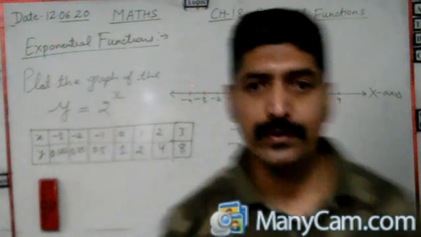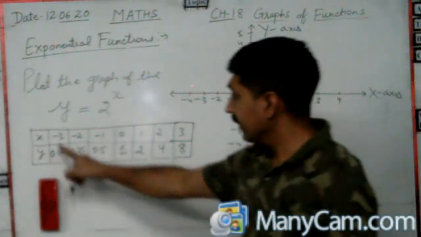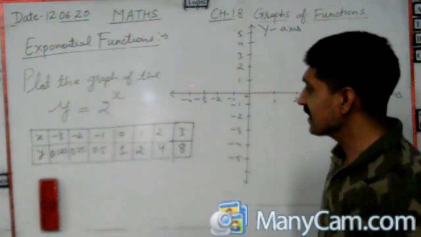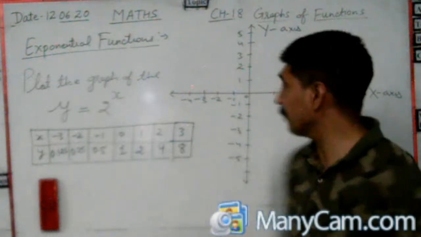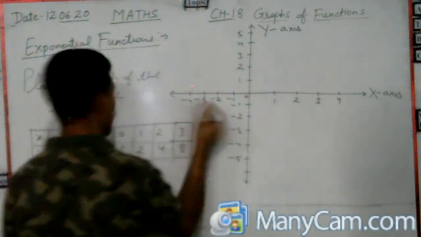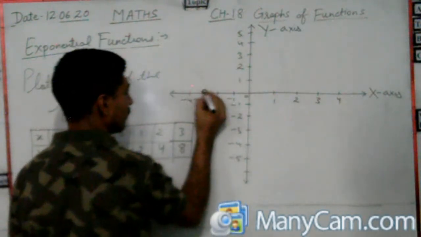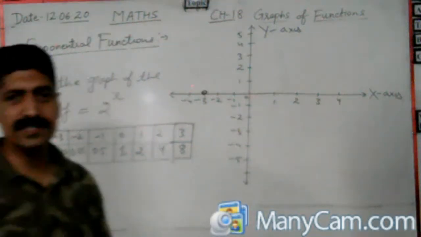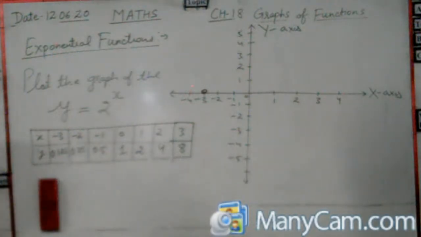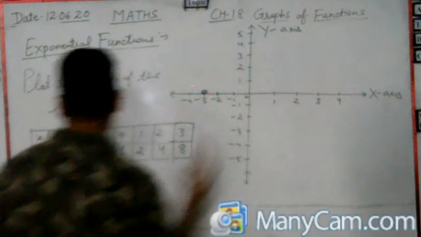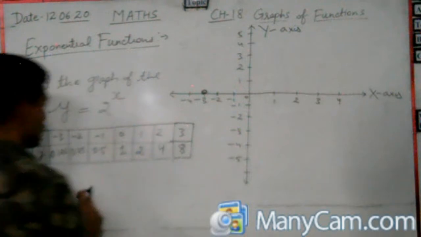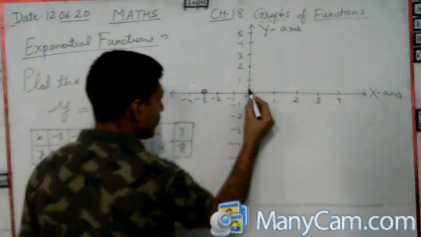When x is -3, y is 0.125. So it is very close. Y is near about here. Now when x is equal to -2, y is 0.25. So 0.25, and then 0.5.